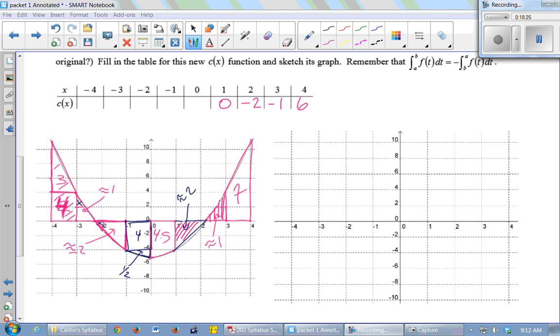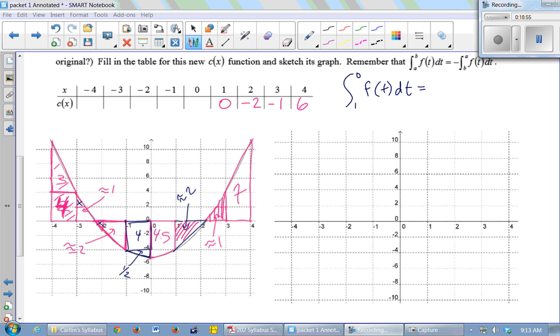Good. All right, so then to go backwards, from 1 to 0, I could do 0 to 1 and just take it negative, right? So that's when you want to do an integral, say from 1 to 0. When you write integrals, we almost always put the smaller number on the bottom. And to think of it as an area function, you have to have the smaller number on the bottom.